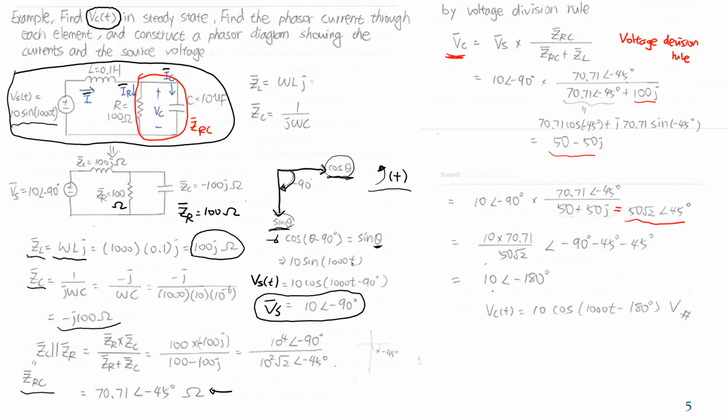So in the end, we have VC equals 10 at an angle of minus 180 degrees, and then we write it as a time function. So VC equals 10 times cosine(1000t minus 180 degrees).